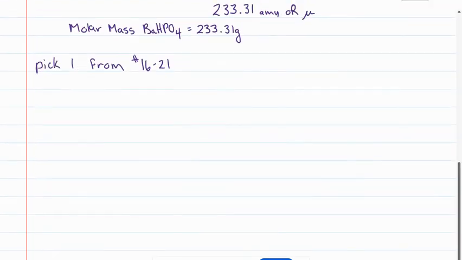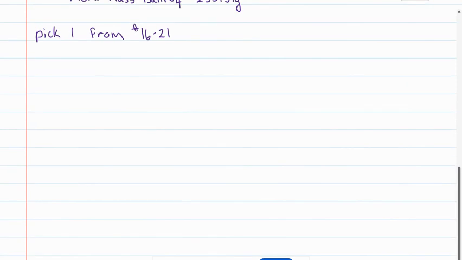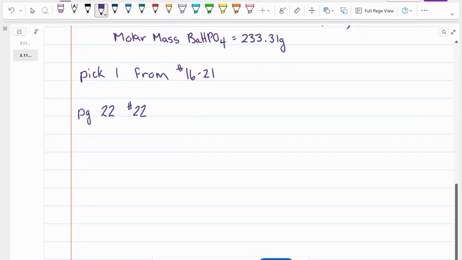All right. Now, just to do some further calculations for you, so we are now on page 22. Yeah, 22. And number 22. Okay, and if we look at this, we are looking for the mass of MgSO4.